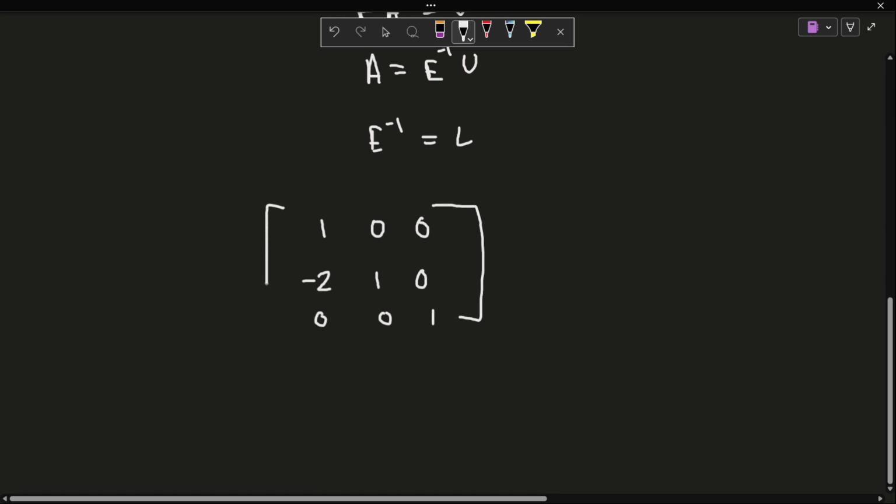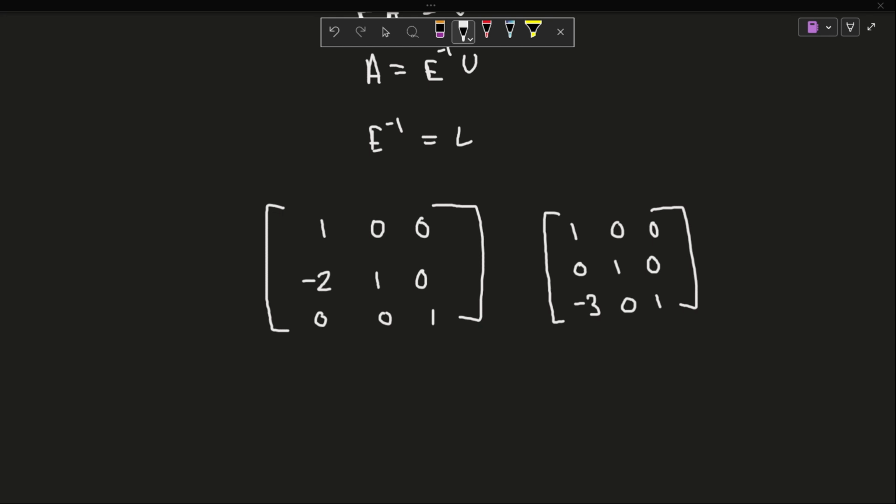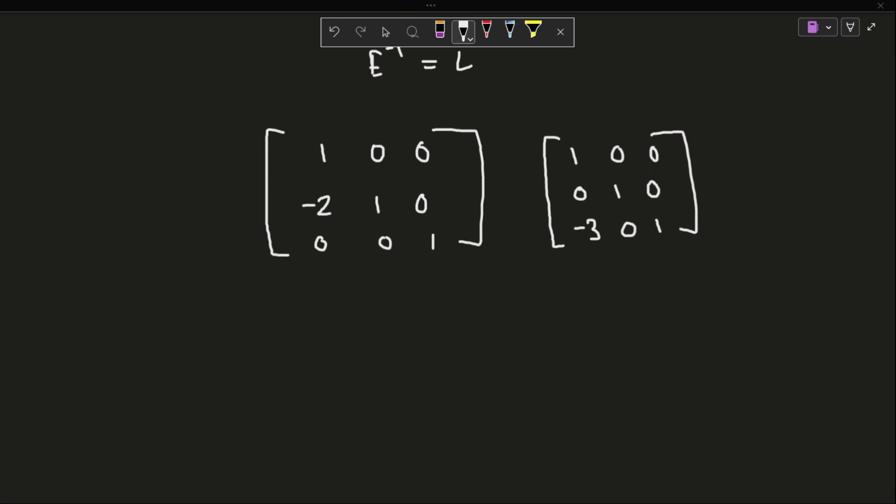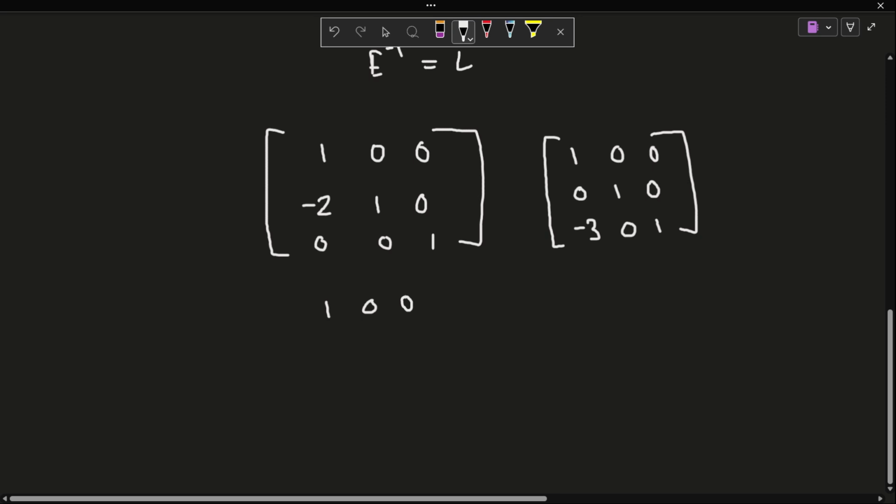So that was our matrix for that. That corresponds to the operation. And then we also had 1, 0, 0, 0, 1, 0, and then minus 3, 0, 1. And that got rid of the minus 6. And then the final one got rid of the minus 1, which was this one.